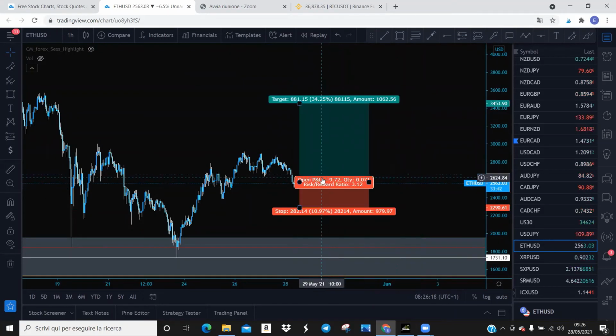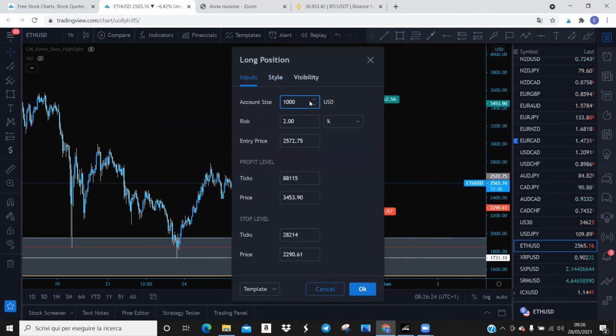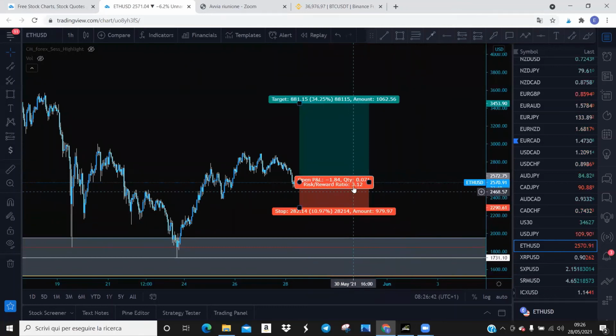What you need to do is go on settings, click on your position settings, put your account size, whatever it is, and risk percentage, maximum 2. Of course, we will tell you if it is 1 or 2%, but we recommend maximum 2. Then the entry price, take profit price right here, and stop loss price. Click OK, and right here they will give you the quantity.